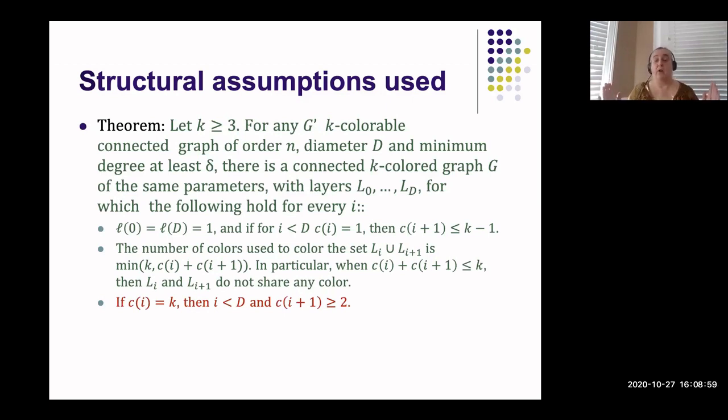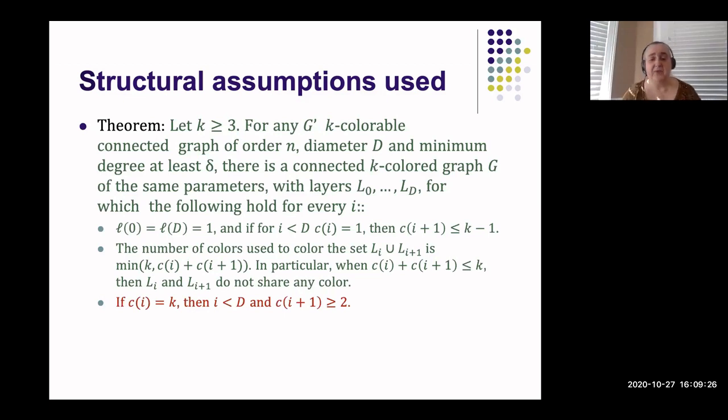The number of colors used in two consecutive columns is the maximum possible, so it's either k or the sum of the number of colors in the two consecutive columns. What I mean by it is that if you look at L_i union L_{i+1} as a coloration, colors are only repeated if C_i plus C_{i+1} is bigger than k.